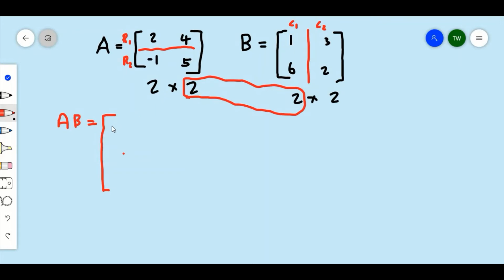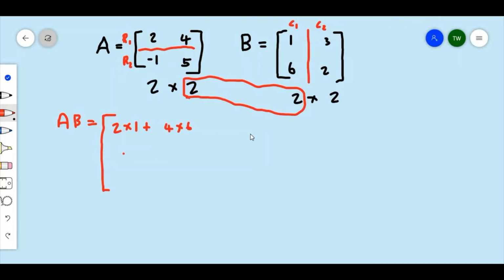It's going to be 2 times 1 plus, now we're going to multiply 4, which is the second element, times the second element here. So it's going to be 4 times 6.